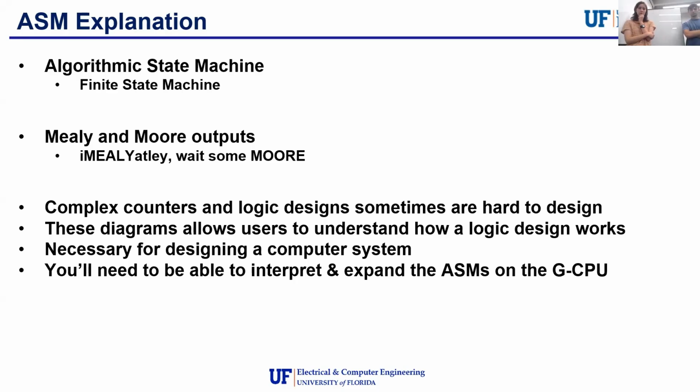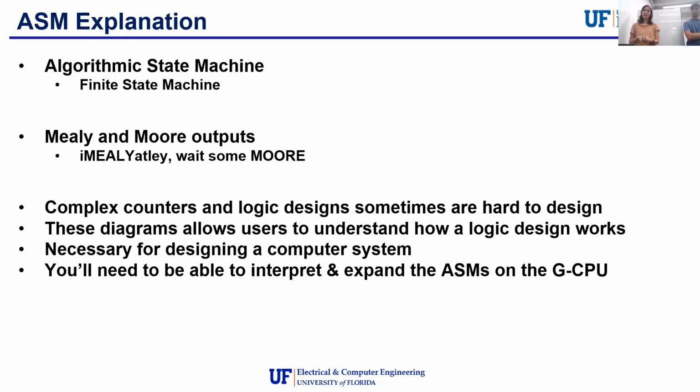So the purpose of an ASM is that as you get to more complicated designs, like more complicated state machines, it's just a lot easier to represent the behavior if you use this kind of pre-made structure. And you're going to see this in the future, in Lab 6 especially, and later on in Lab 7, you're going to be interpreting a pre-made computer system called the GCPU.